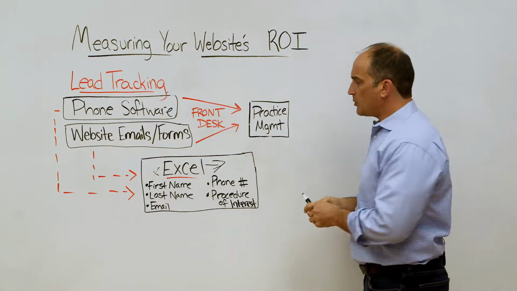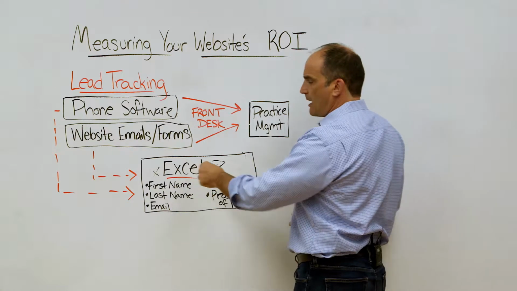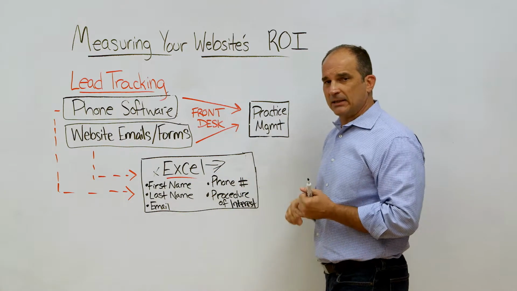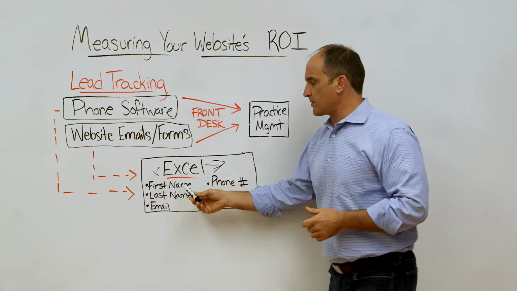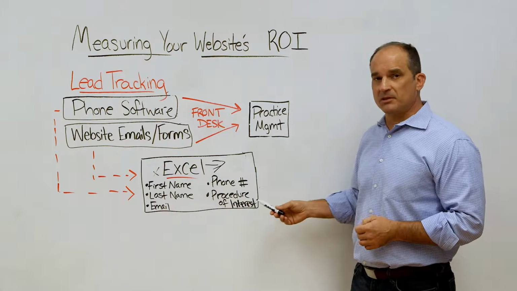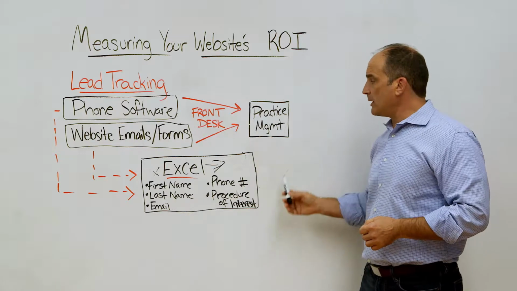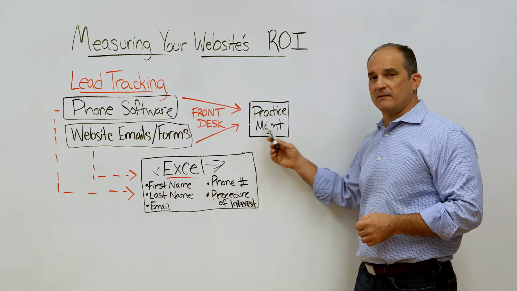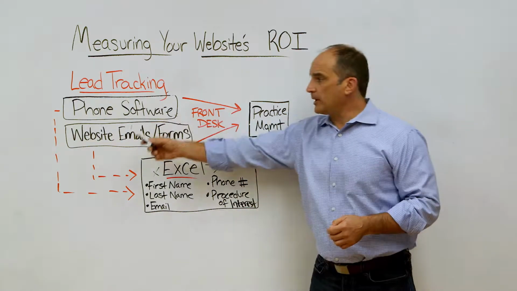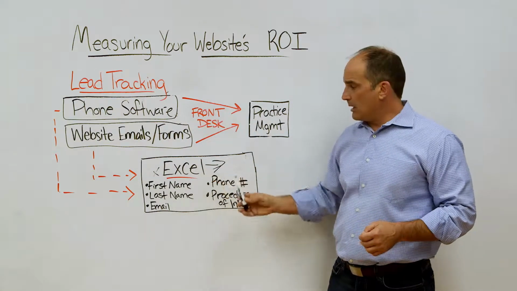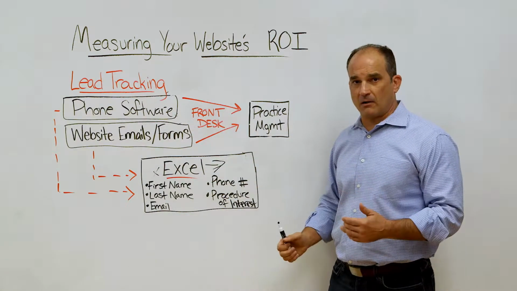And what you will then do is match that up by lead date, matching first name, last name, email, phone number, and procedure of interest into one set of information. So now you're pulling in the revenue information via Excel, you're pulling in the lead information, and you can sort and filter it to get to your ROI.